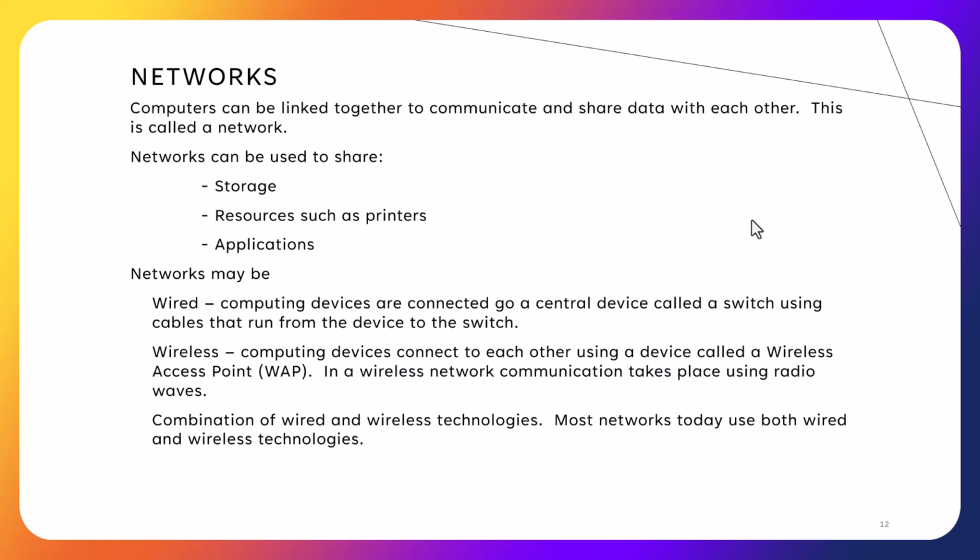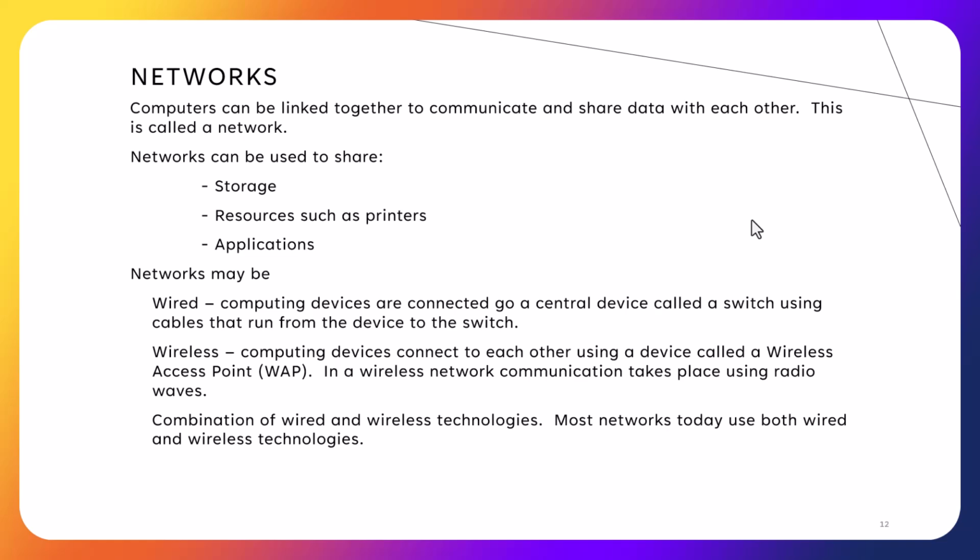In a wired network, a laptop is going to have a wire running from the laptop to a central device. That central device is called a switch. All computers on this wired network will have a wire running from the computer to at least one, maybe multiple switches. And the switches might be connected to other switches.